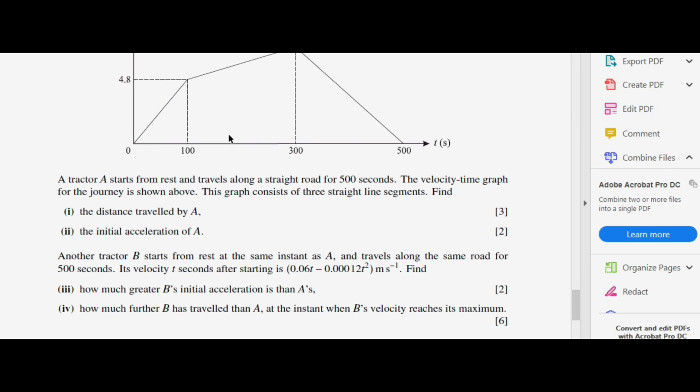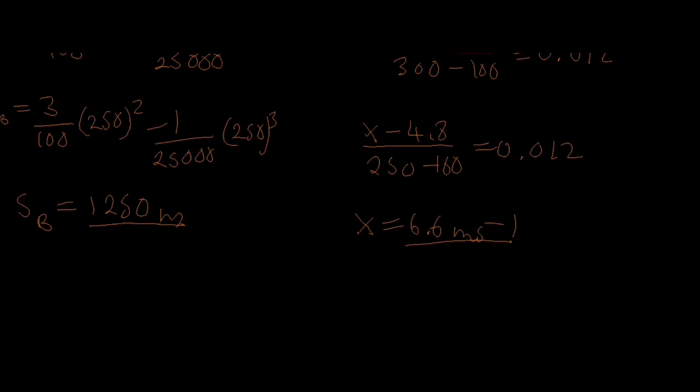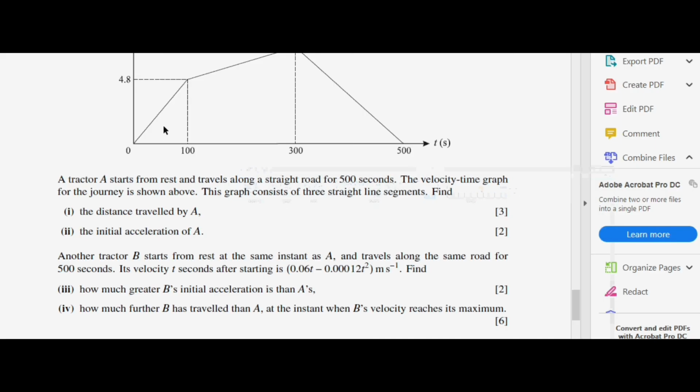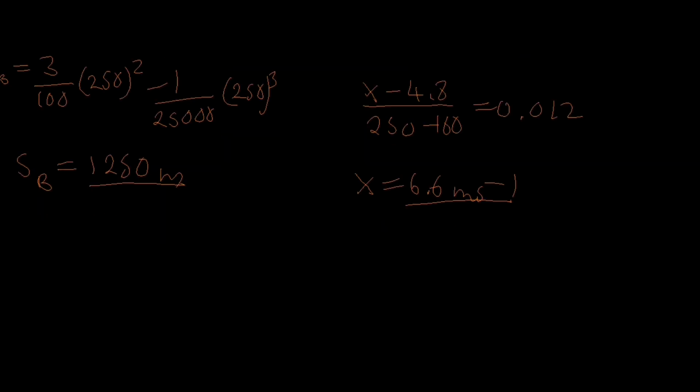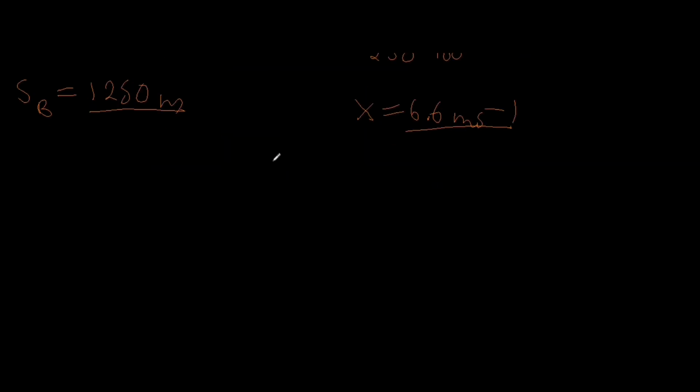So now I can easily find the area of that trapezium. The area of this triangle is a half multiplied by 100 multiplied by 4.8, that's 240. So the distance of A is going to be 240 plus the area of the trapezium, which is half of 6.6 plus 4.8 multiplied by 150.